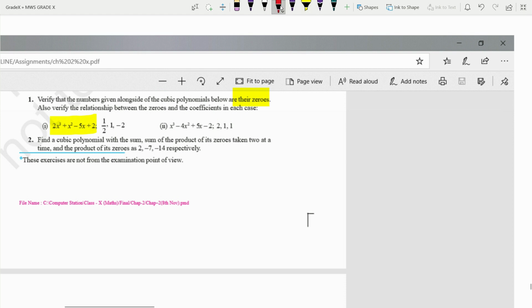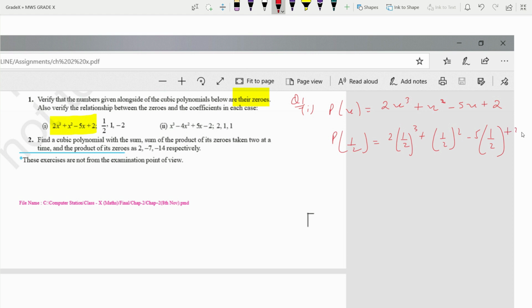So checking we can do in this way. It's easy, just a little lengthy. So the polynomial is 2x cube plus x square minus 5x plus 2. So put the value. The first value is 1 by 2. So 2 times (1 by 2) cube plus (1 by 2) square minus 5 times (1 by 2) plus 2.